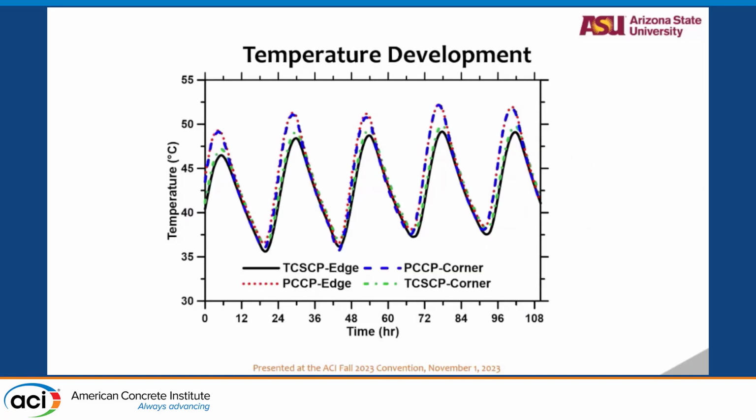As said before, with PCC being the non-PCM slab and TS-SCP being the PCM containing slab, you can see that the highest peaks are delayed and the peaks are not as high as in a non-PCM mix.